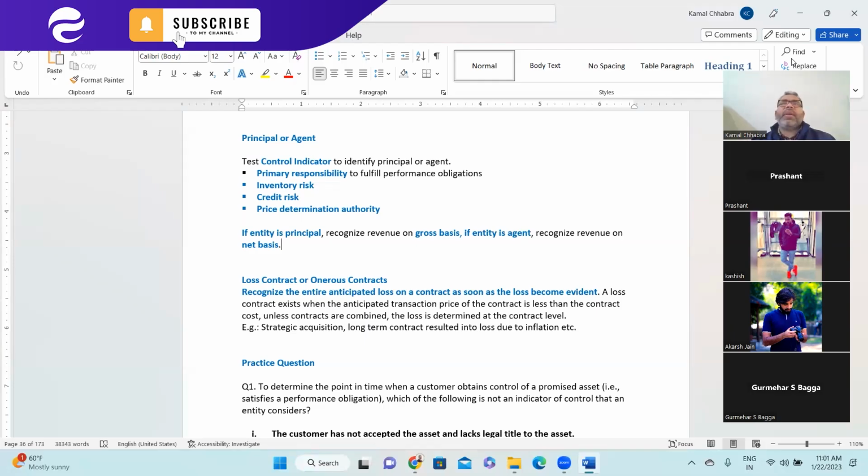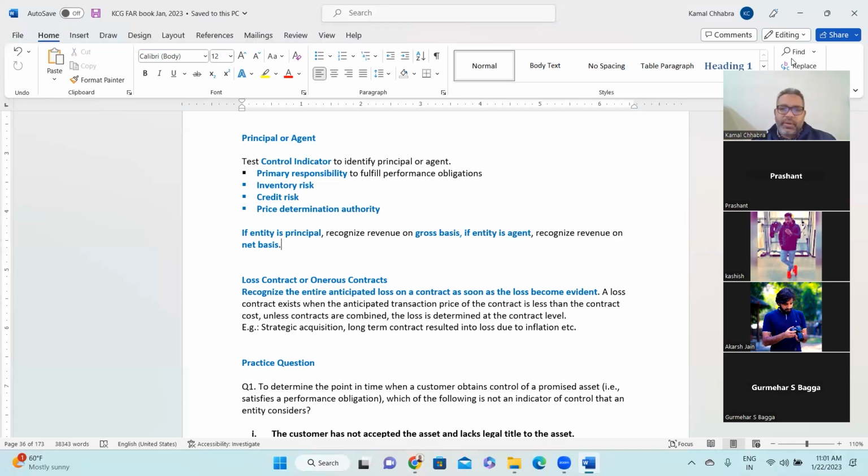If for any reason a flood comes in one particular part of the world and they lose, let's assume, $10,000 of inventory, whose loss will it be? The agent's or Ayush and Prashant's company? Ayush and Prashant's company. Right? So who is holding the inventory risk? That also indicates the control or the ownership. Third is credit risk.